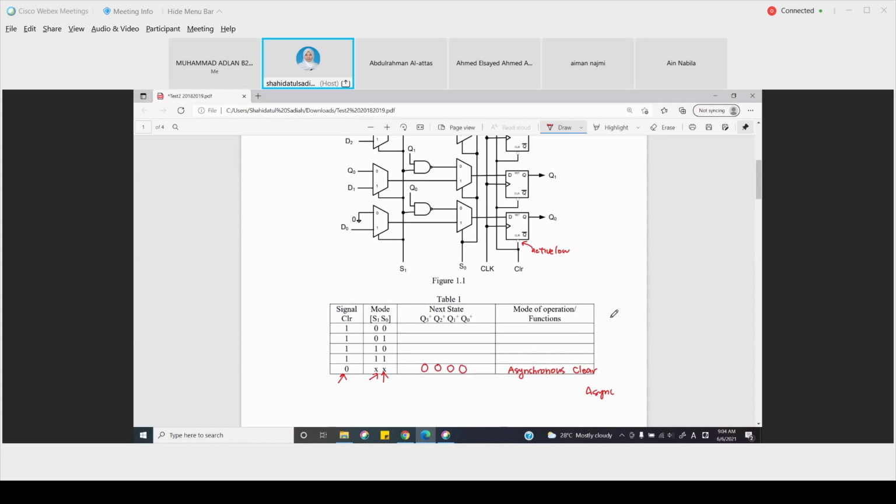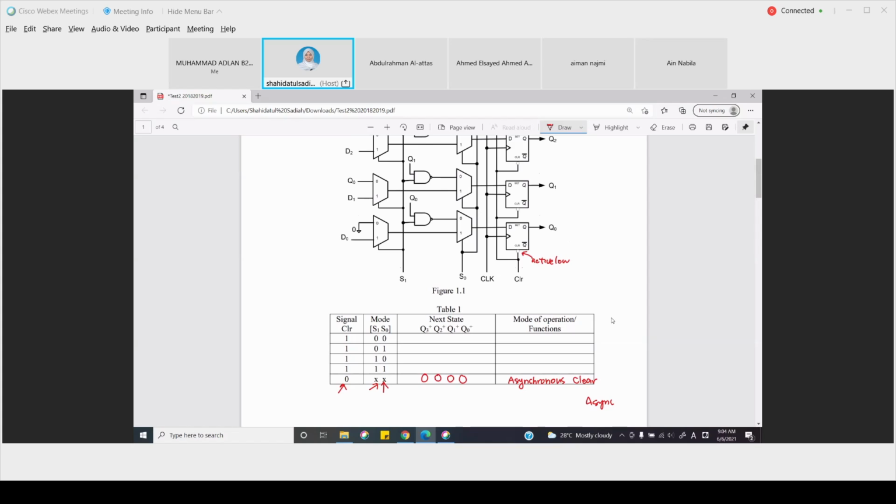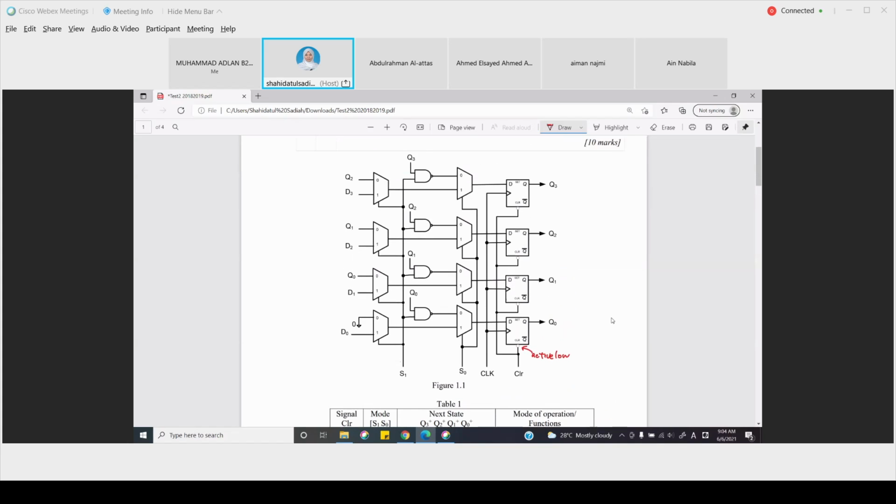Now what happens when S1, S0 is in mode 0, 0? S1 is the selector of all the multiplexers on the left, and S0 is for the multiplexers on the right. If S1, S0 is 0, 0, this input will be chosen, 2D.